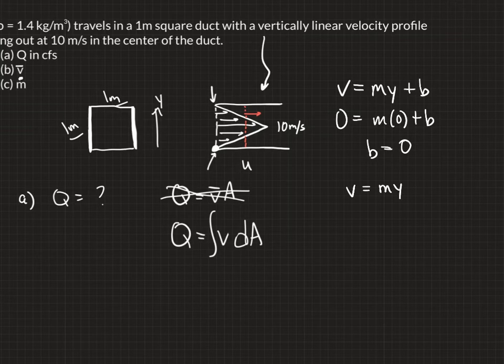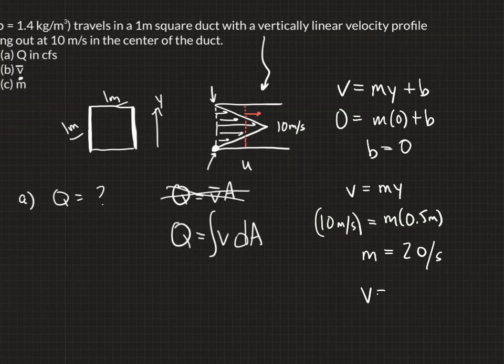Now I want to find out m. I want to get that slope. When y is 0.5 meters, the velocity is 10 meters per second. Which means that m is going to equal 20, and then per second, so those are the units on m.